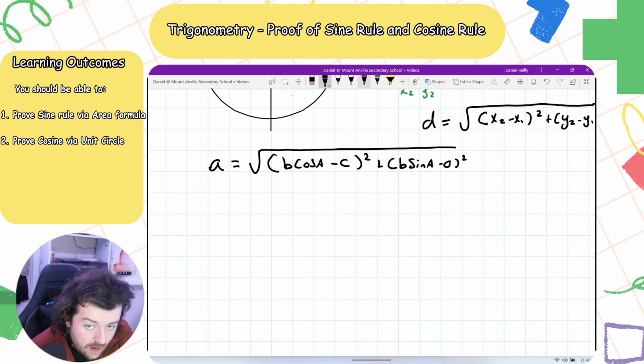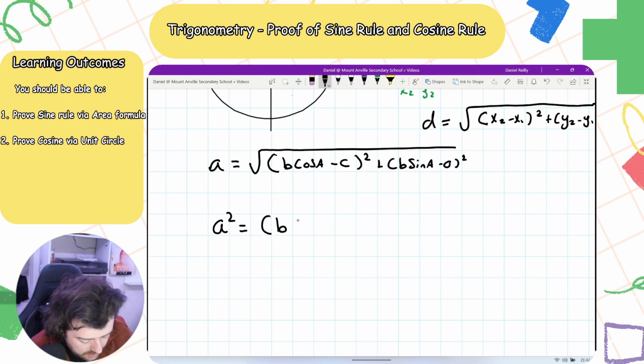I'm going to square both sides to get rid of the square root. So it's going to be a squared is equal to b cosine A minus c, squared, plus b sine A squared. We have 0 there.